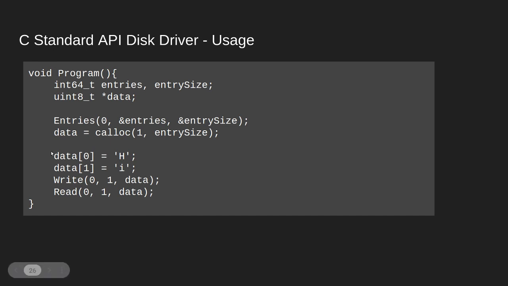In this example, we do a calloc, which means that we set every element to 0. I then write high into the beginning of the entry. The entry is written to entry number 1, and then we read entry number 1 back. Now, we should have checked that these succeeded, but this gives an essentialized view of how to work with the instructions.